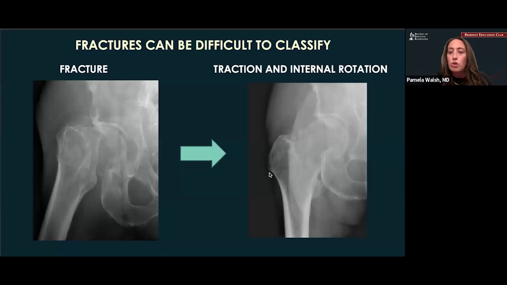You can put traction on the leg and then internal rotation to attempt to align the fracture a little better, to reduce it a bit and to more definitively characterize it. So you may see this done as well. So this was that same patient. And after applying traction and internal rotation, we can see that there's better alignment.